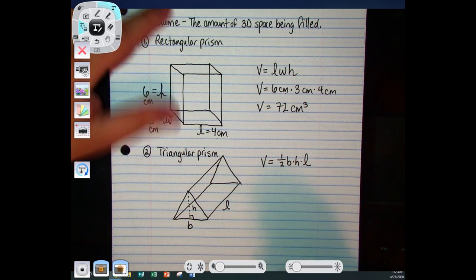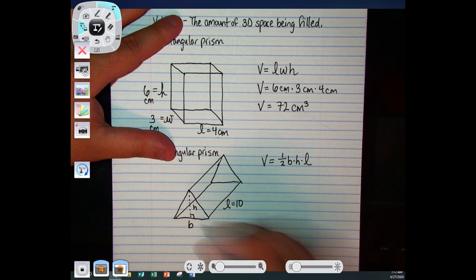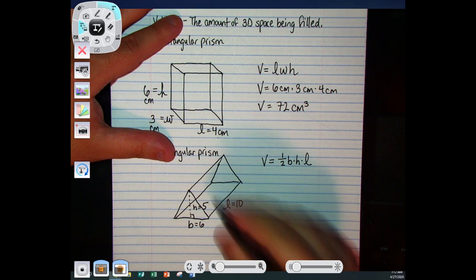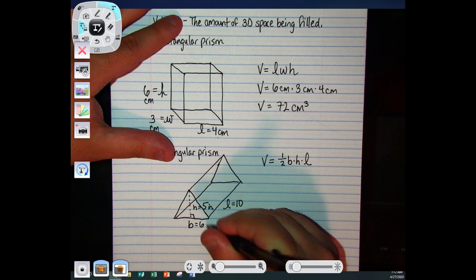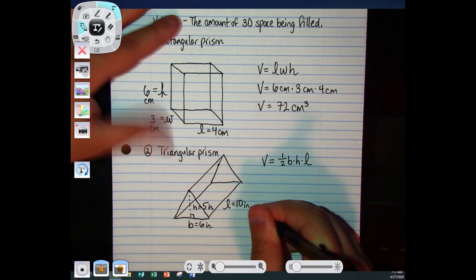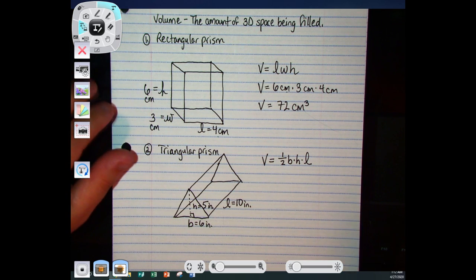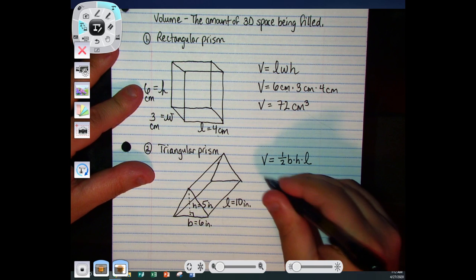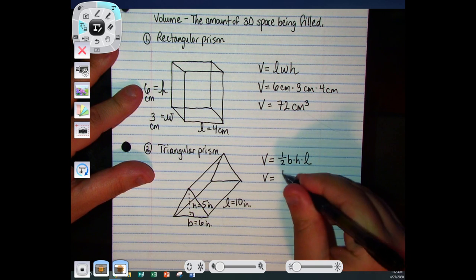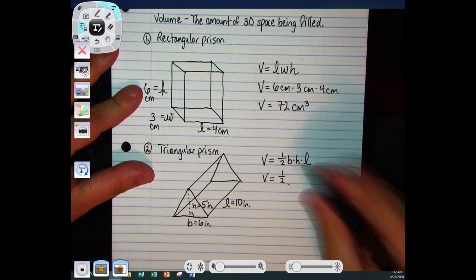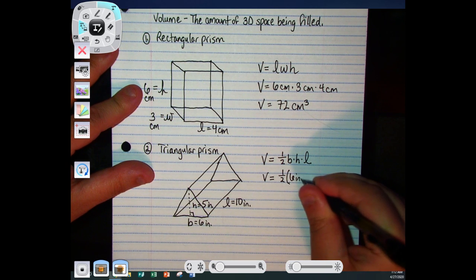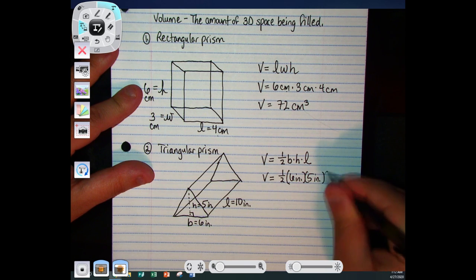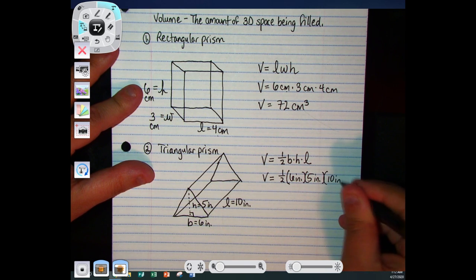So here, if I tell you the length is 10, I tell you the base is 6, and I tell you the height is 5, and let's say inches this time, it'll say find the volume of the triangular prism. So again, to do that, we substitute into our formula. So volume equals 1/2 times the base, which was 6 inches, times the height, which is 5 inches, times the length, which is 10 inches.